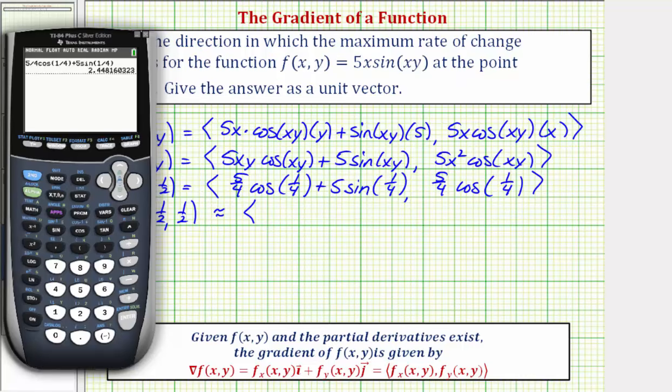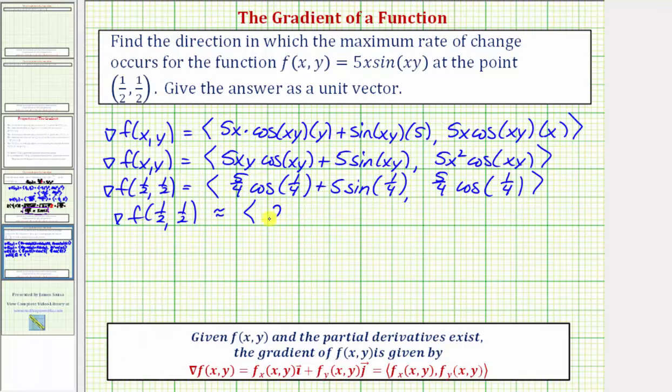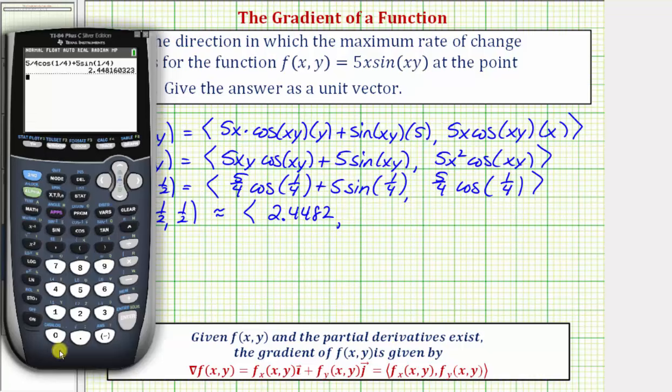Enter. So the x component is approximately 2.4482. And now we'll approximate the y component, which would be approximately 1.2111.